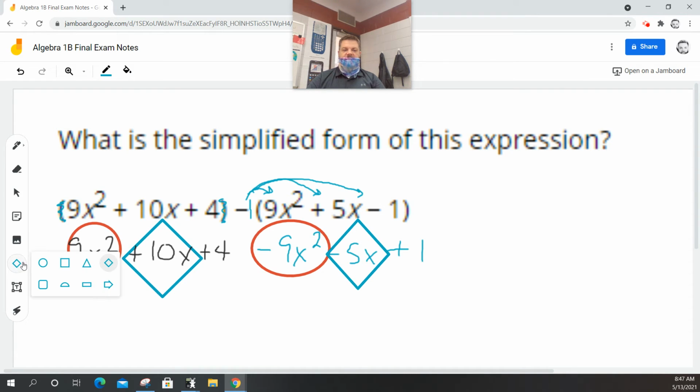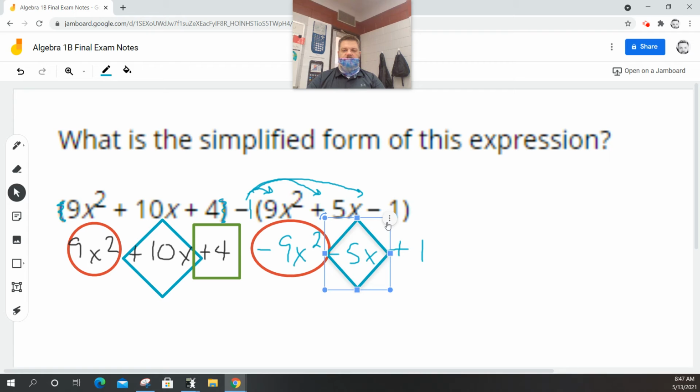And then lastly, I feel like I want to do a fancy shape. I will just use a square. And then I have this constant 4 and this constant positive 1.